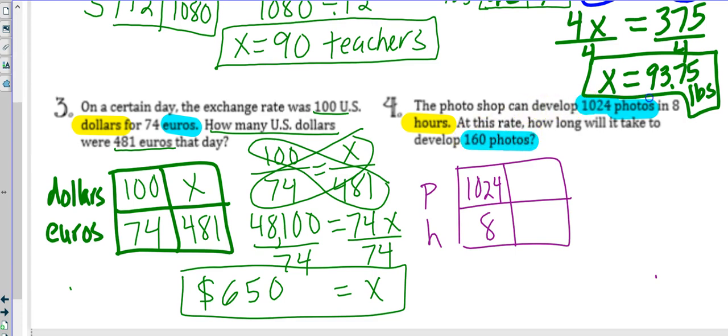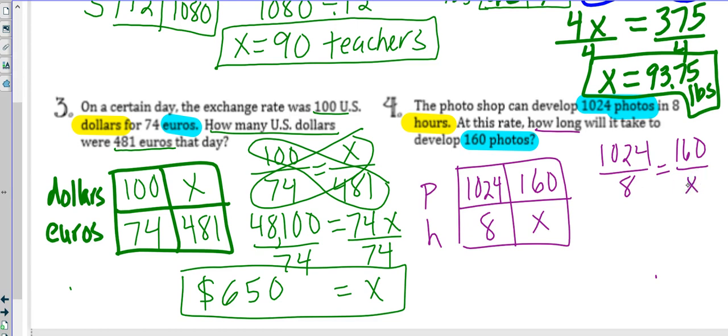So I'm keeping the photos with the photos. 160 photos. So this is going to go on top. And what I don't know is the time. So that's my variable. I have my proportion here, so I'm going to rewrite it over here. 1,024 over 8 is equal to 160 over x.